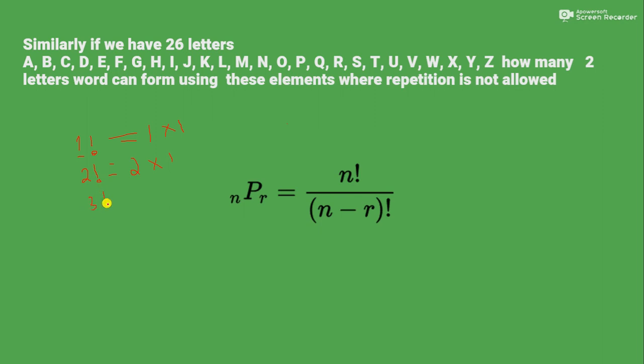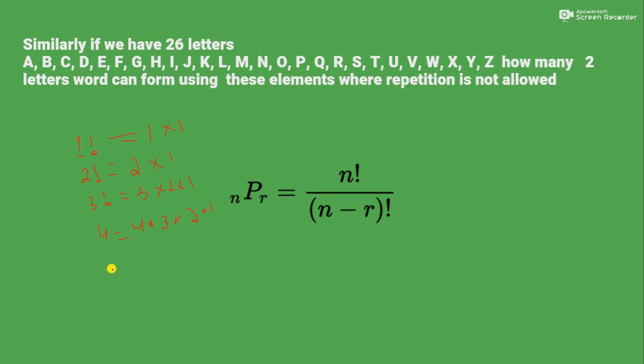So 3 factorial is equal to 3 into 2 into 1, that is 6. And similarly, 4 factorial is equal to 4 into 3 into 2 into 1.